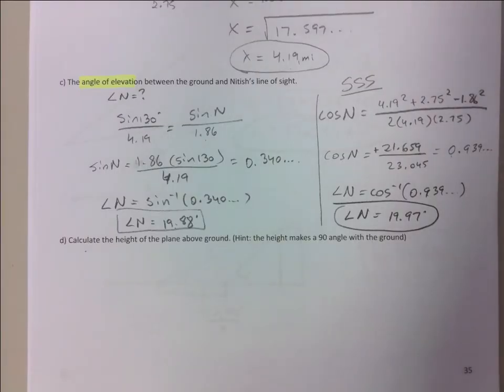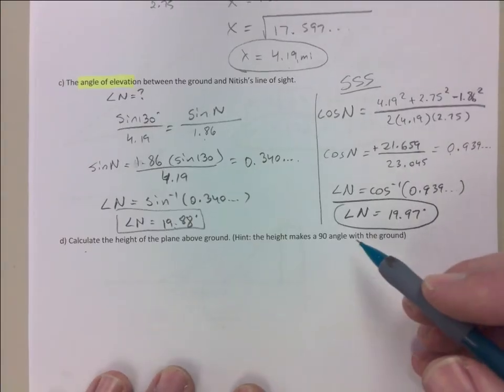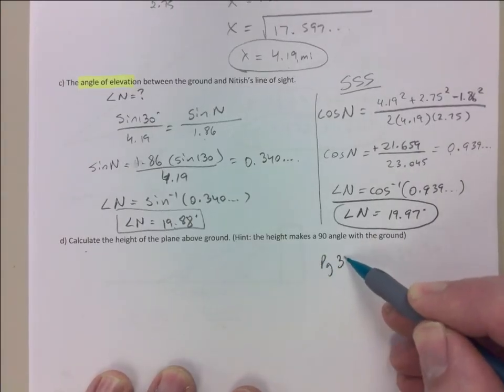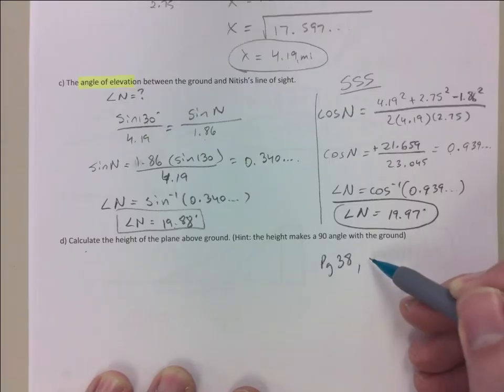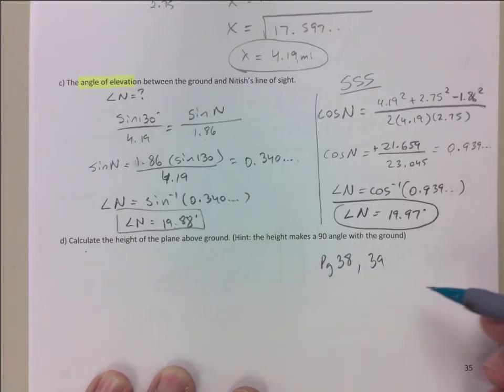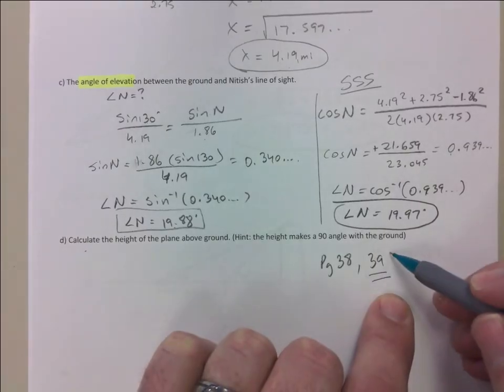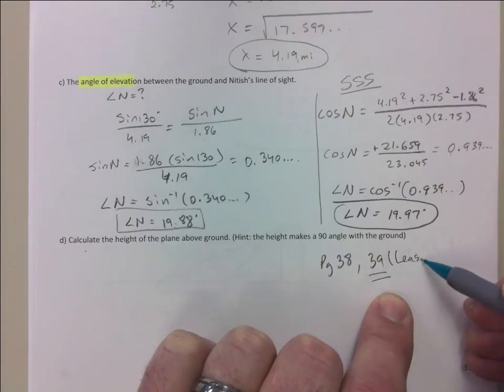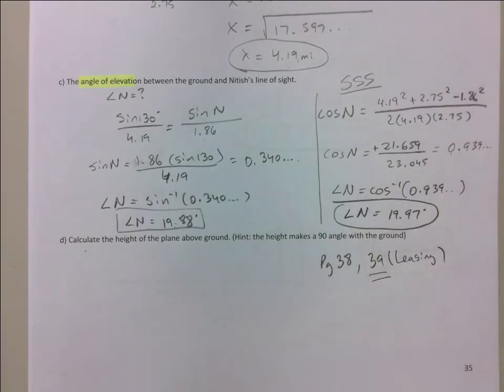Can I ask you to try 38 and then 39? 39 goes through leasing, so it's reviewing leasing a little bit. Get ready for the AC, otherwise have the formulas.